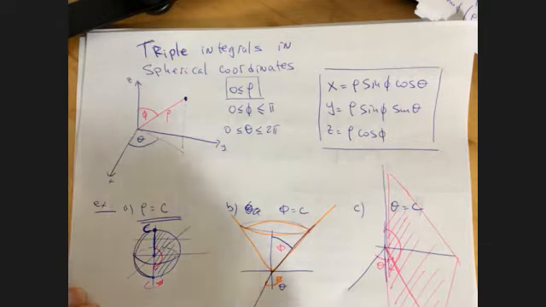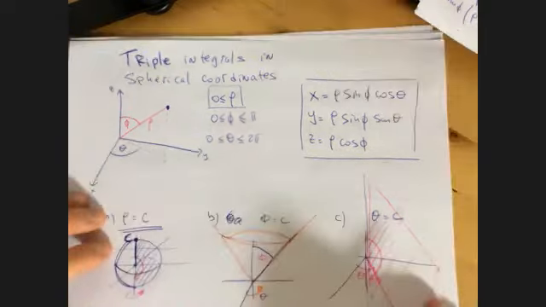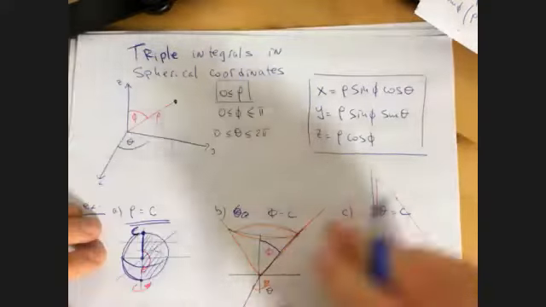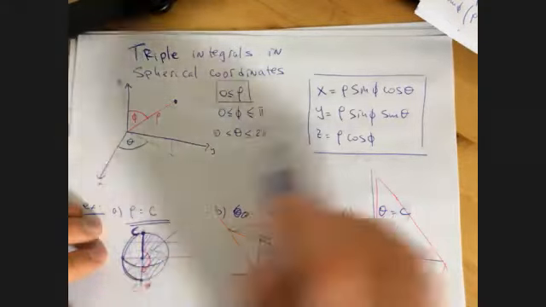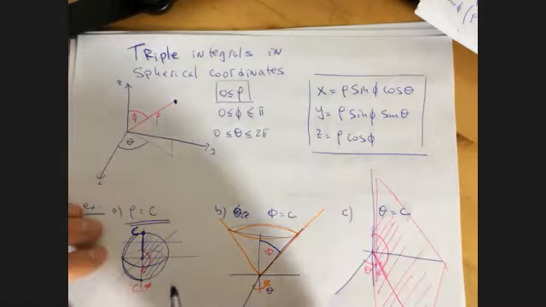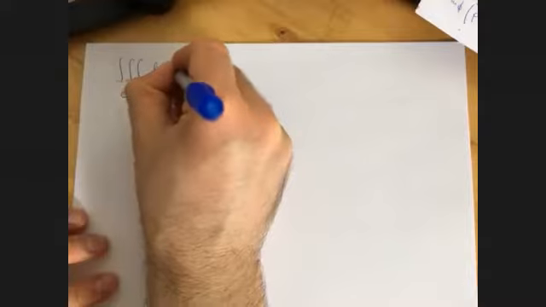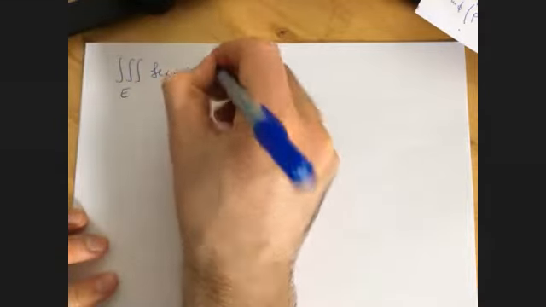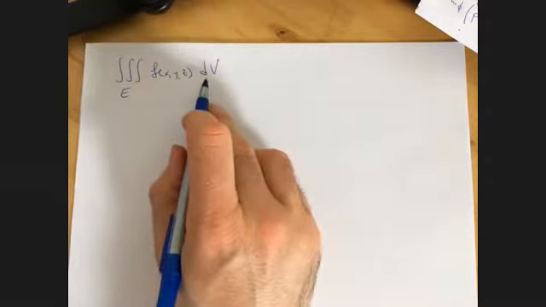Okay, so this is the first change of variables that we have seen in this class, changing from spherical to Cartesian coordinates. Now let us look at the triple integral. I want to change the integral over the solid E, or the three-dimensional region E, of f of x, y, z dV, or that's dx dy dz.